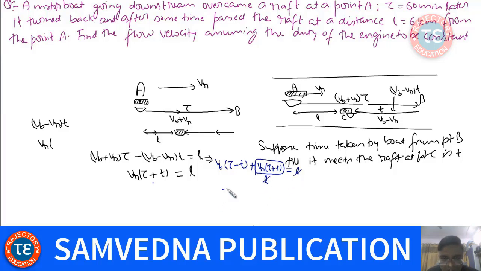So this L will cancel out, that means tau minus T is 0, that is T is tau. When T is tau, from here VR is L upon 2 tau. The flow velocity of the river is VR equal to L upon 2 tau. You understand this point? Okay, let's go to the next question.